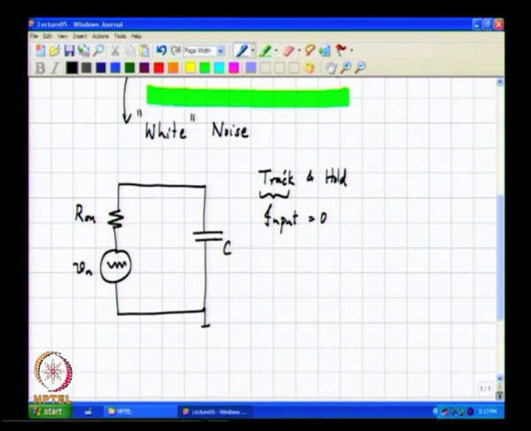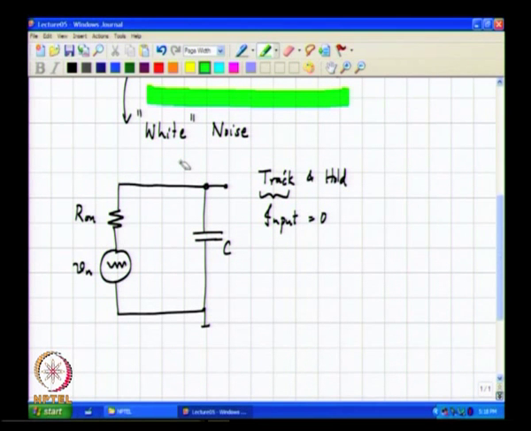Now, during the track phase, even though the input is 0, the output is not 0. Why? Basically, as far as the noise source is concerned, it sees an RC network and the output voltage is the voltage across the capacitor.